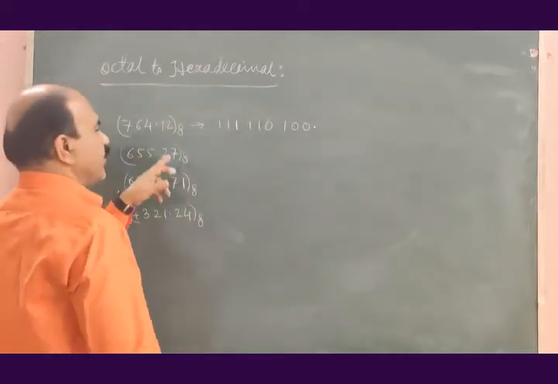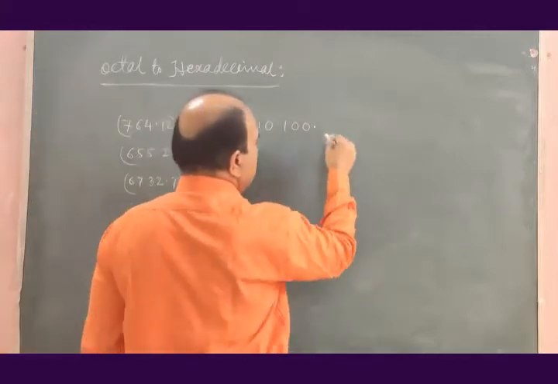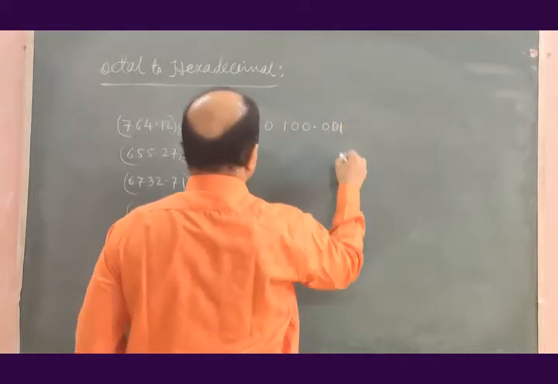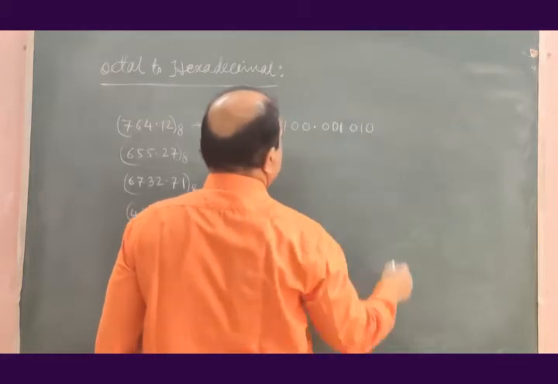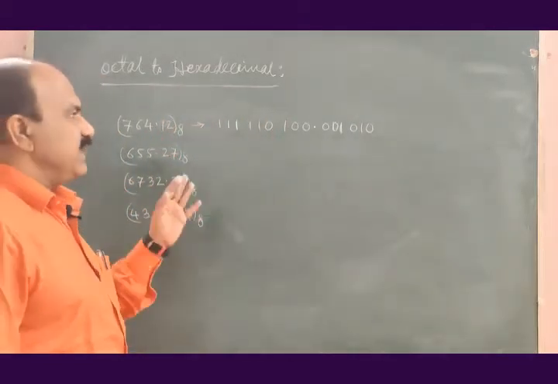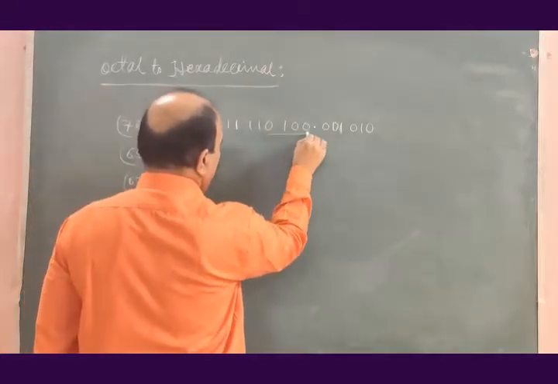The octal point is replaced by a binary point. 1 is to be replaced by its 3-bit binary, and 2 is again replaced by its 3-bit binary.